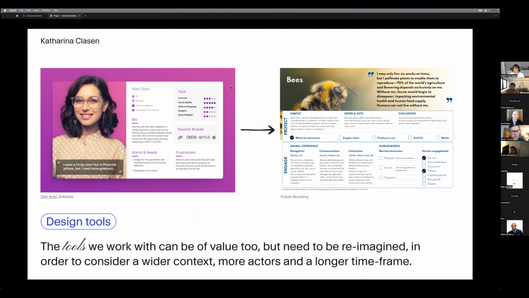We can reimagine those tools to be a little bit wider, like we could redesign them to consider a wider context and actors and consider a longer time frame. But I think we also need new tools. I think it won't be enough to only redesign the tools we already work with. We also need new tools, and there are already some new tools developed.